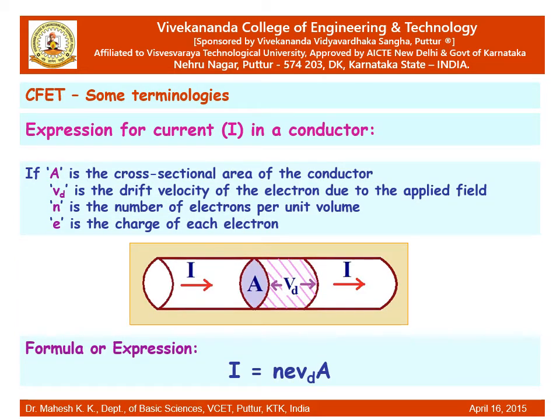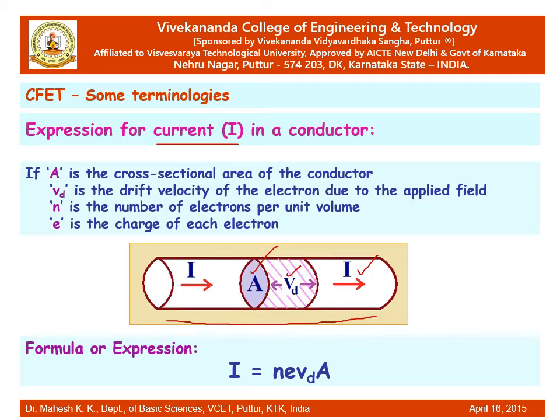Let us see another definition for current. Previously we have seen current I is equal to Q by t. Now let us have another definition. Here consider a conductor, wherein I is the current that is flowing through it, and let A be the cross-sectional area, and let the drift velocity of the charge be Vd.